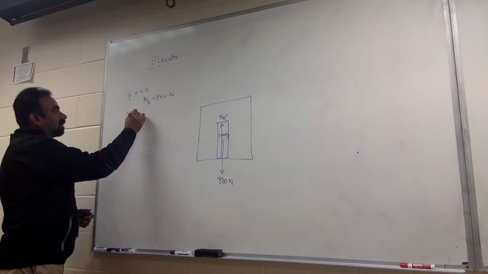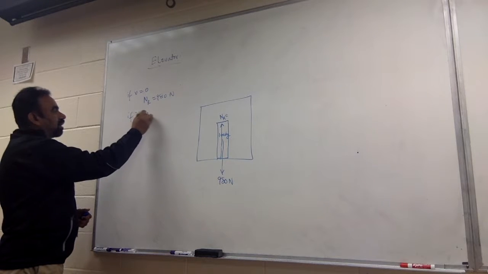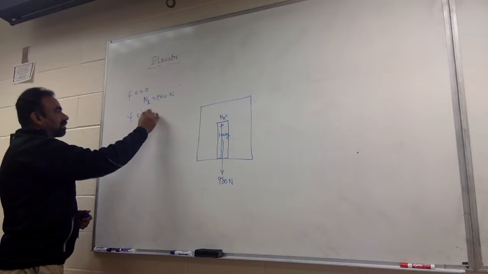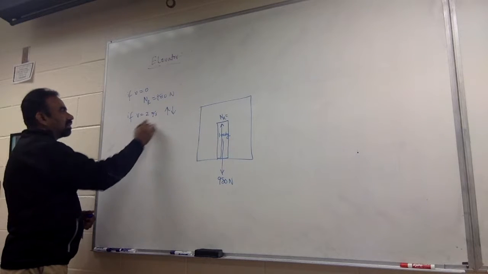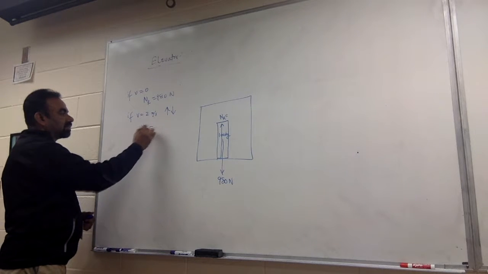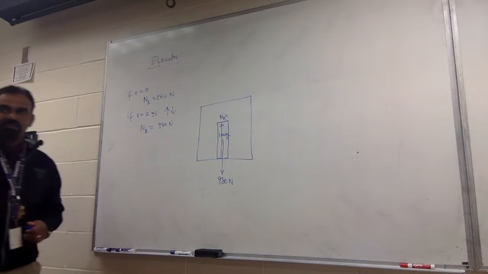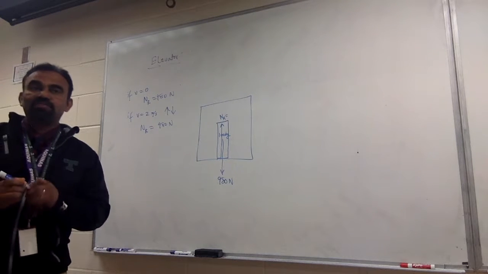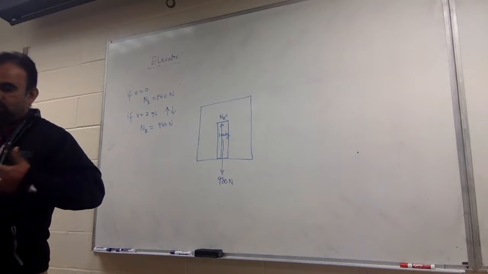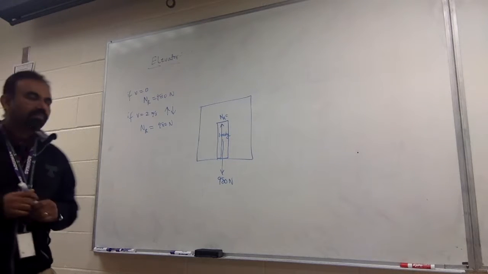What if the elevator is moving up or down with 2 meters per second? What's the normal reaction? 980 newtons, the same thing like last time. Instead of the tension, we're talking about the forces acting on the person only.